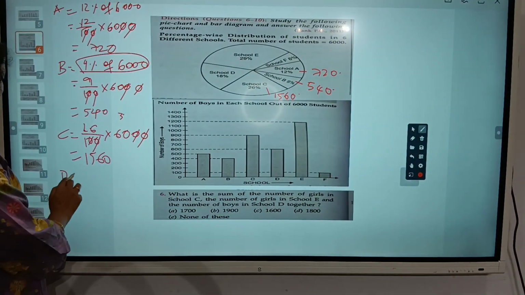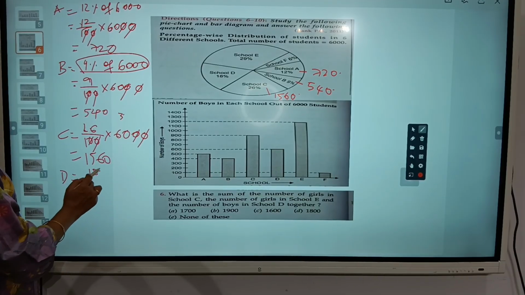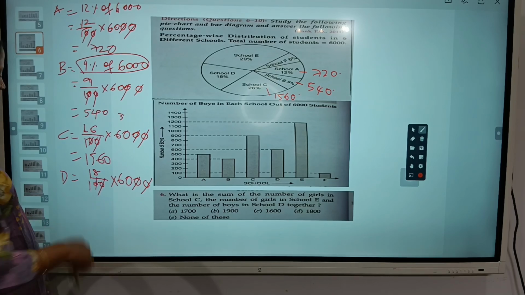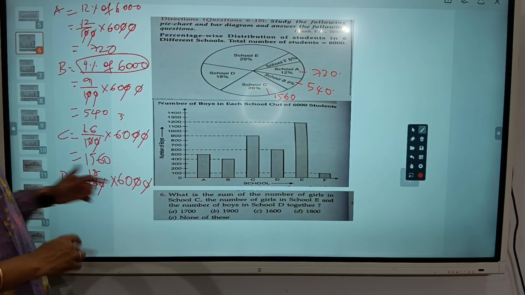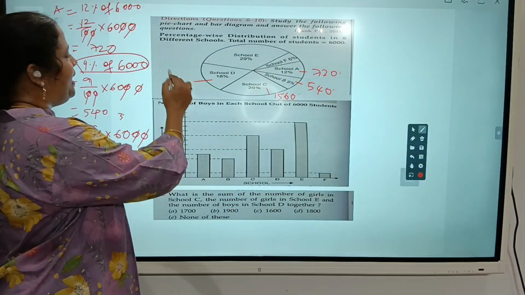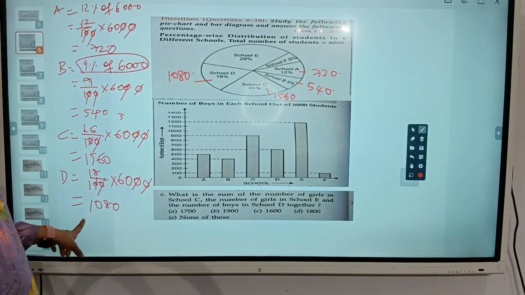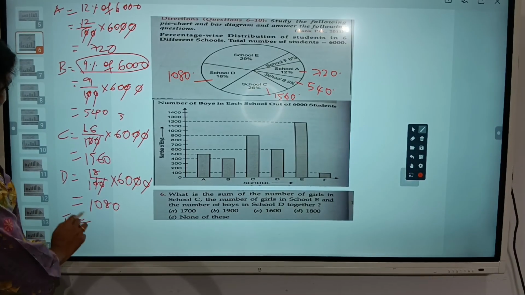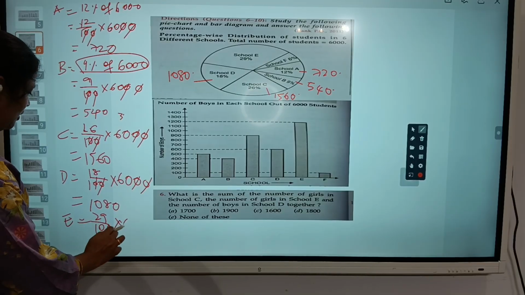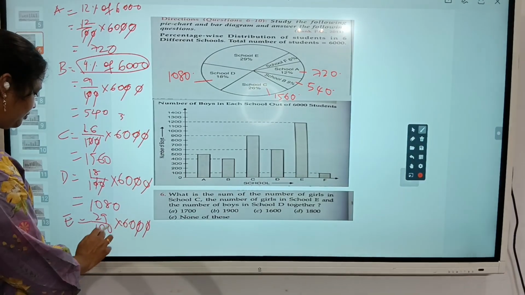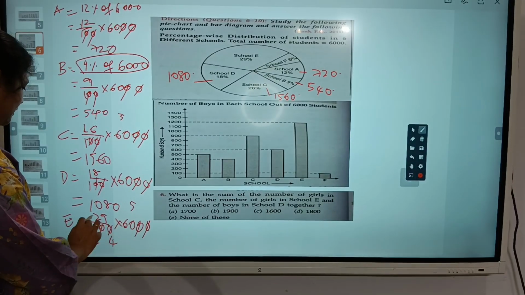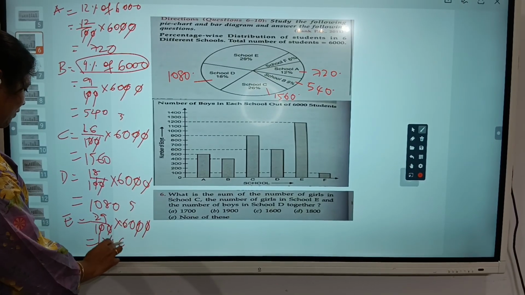Again we will move to school D. 18 by 100 into 6,000. The zeros cancel, so 18 times 6 is 108. So 1080 students are there in school D. Now go to school E. It comes to 29 by 100 into 6,000. 6 times 9 is 54, 6 times 2 is 12 plus 5 is 17.